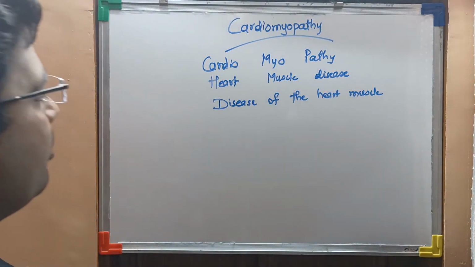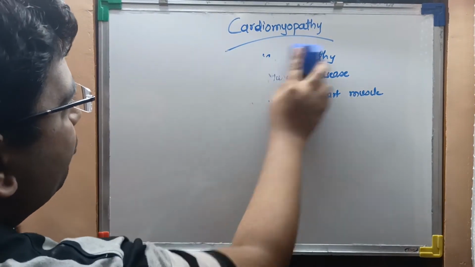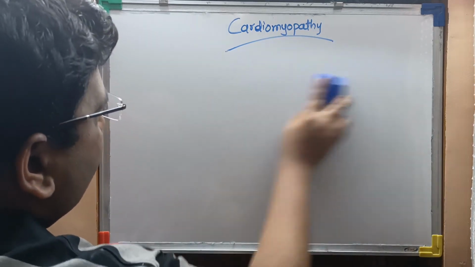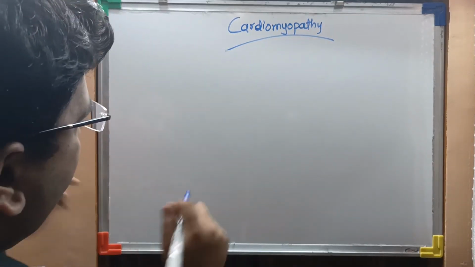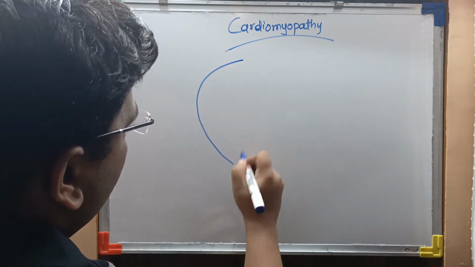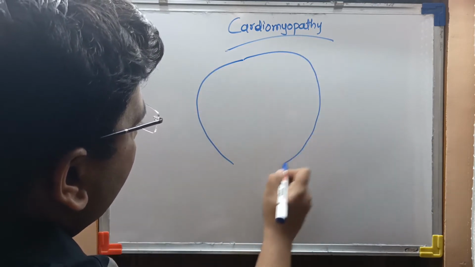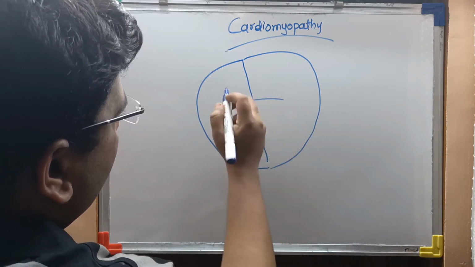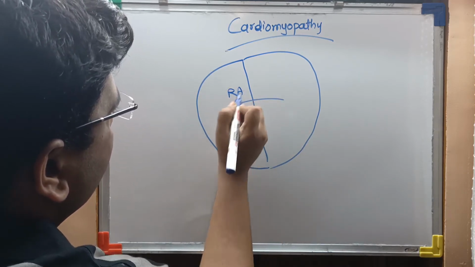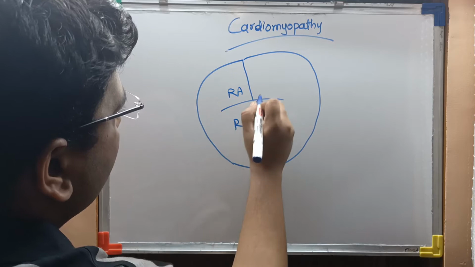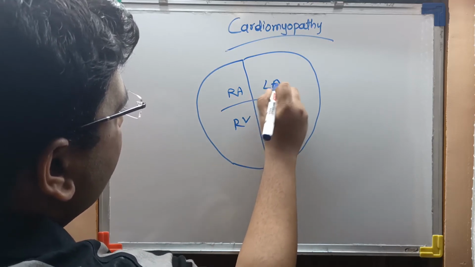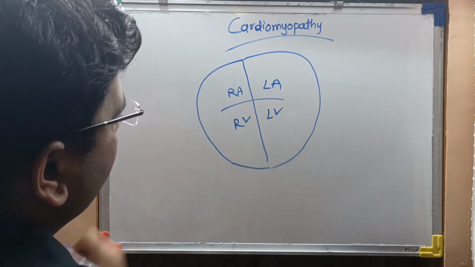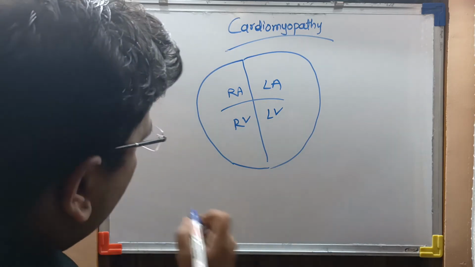Now we will look at the normal physiology of the heart. We will consider this as the heart. This is the right atrium, this is the right ventricle, this is the left atrium, and this is the left ventricle. Now, the right side.